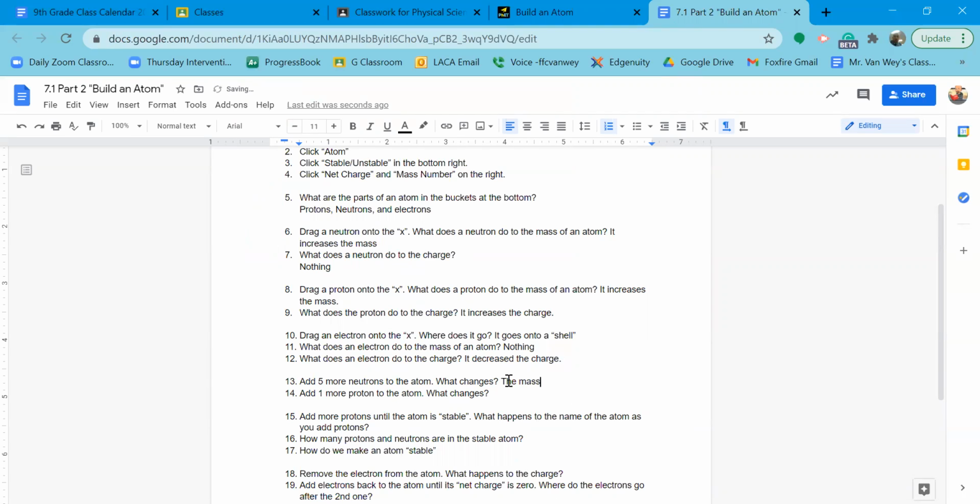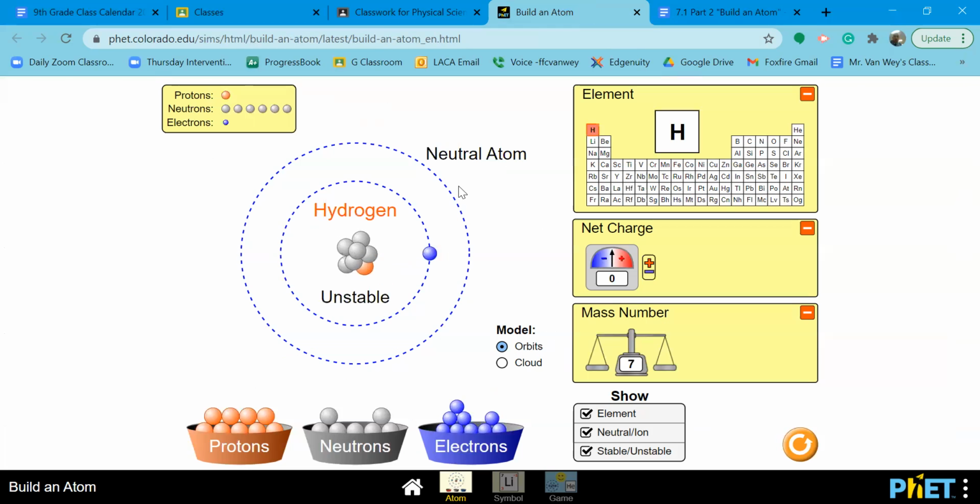The mass. It also became unstable when we did that. Okay, when we have a lot of neutrons, it seems to make the atom unstable. Begin to shake around.